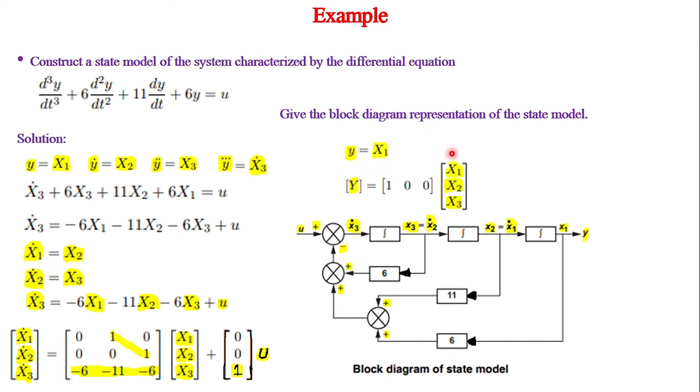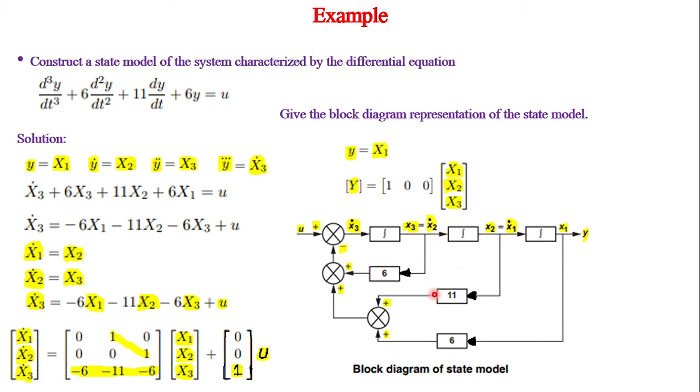Therefore, you have x3 dot, x3, x2, x1, y and input. First we need x3 dot. How to find x3 dot? It has minus 6x1. Therefore, from x1 you should have a gain of 6, from x2 you should have 11, and from x3 you should have 6.